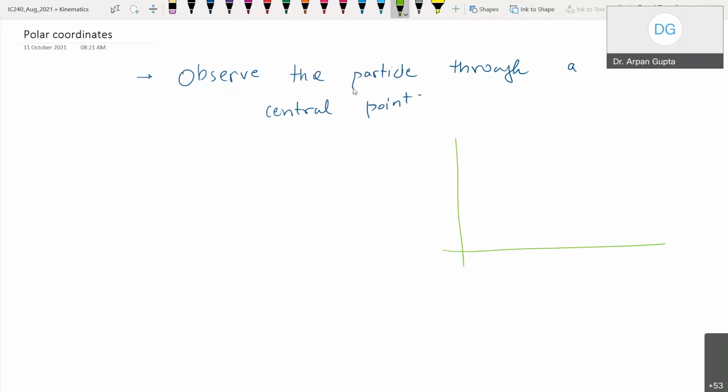So let us say this is my coordinates, and the particle is moving along some path.